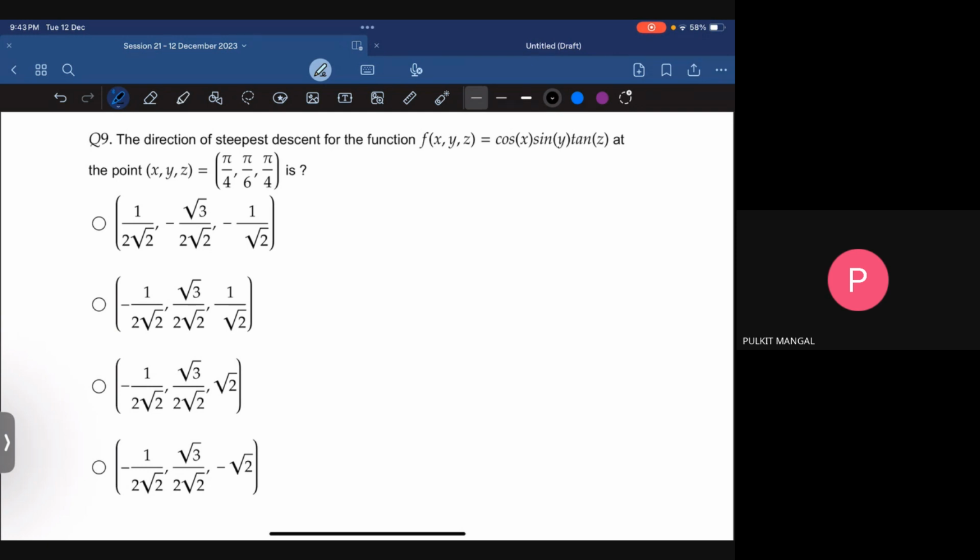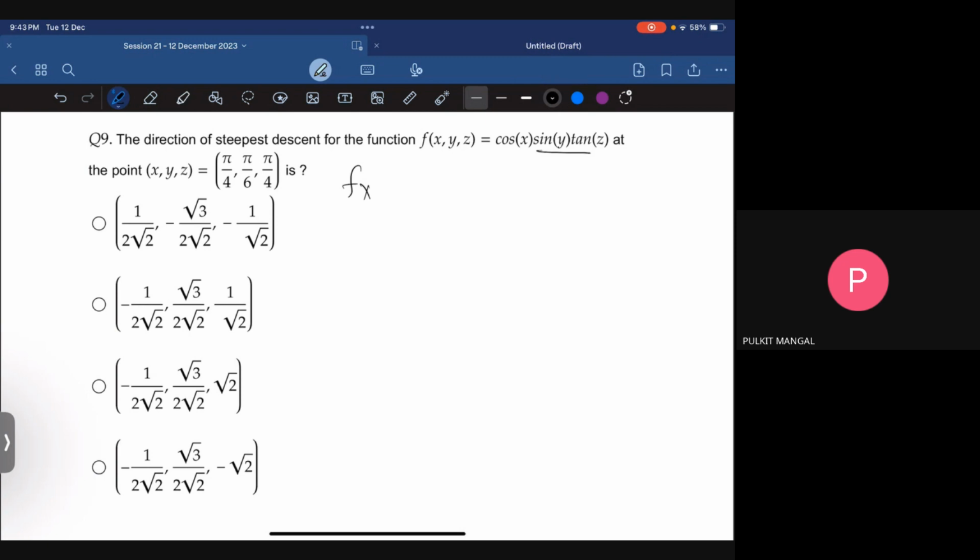Okay, so we need to basically find the gradient only. First find the partial derivative with respect to x.